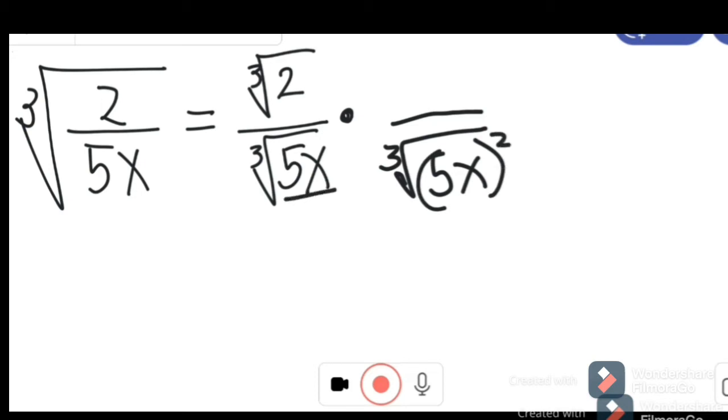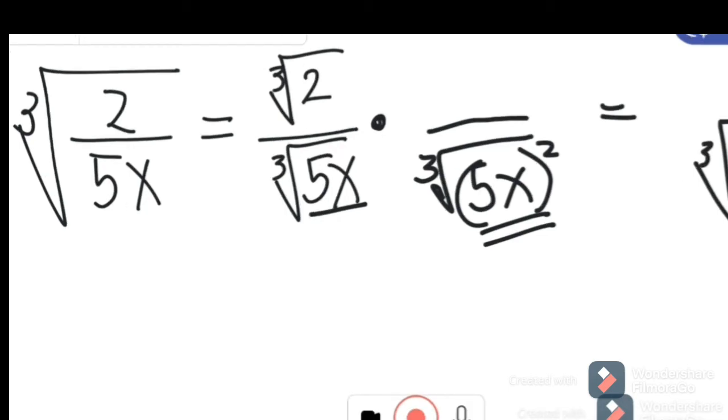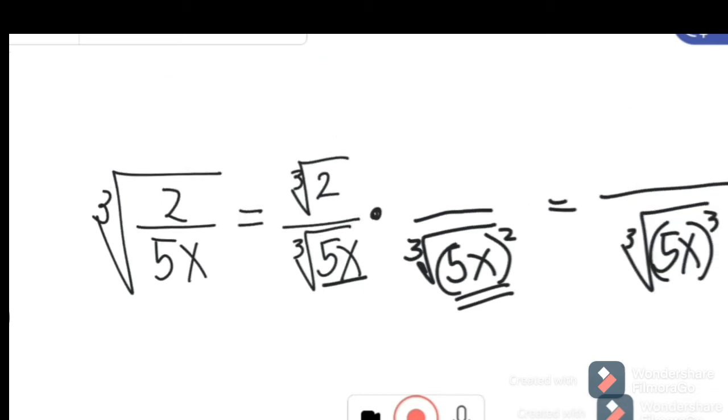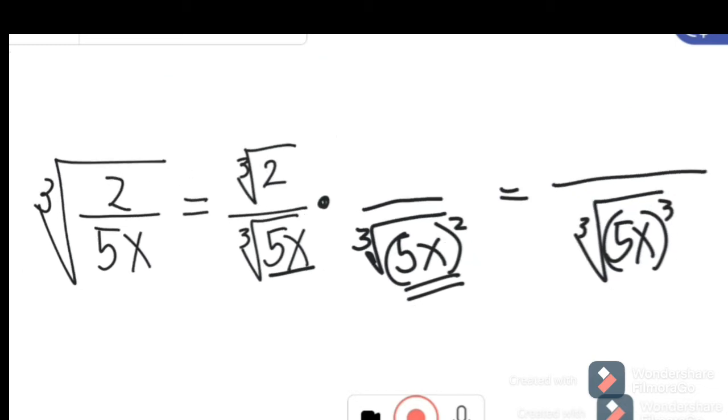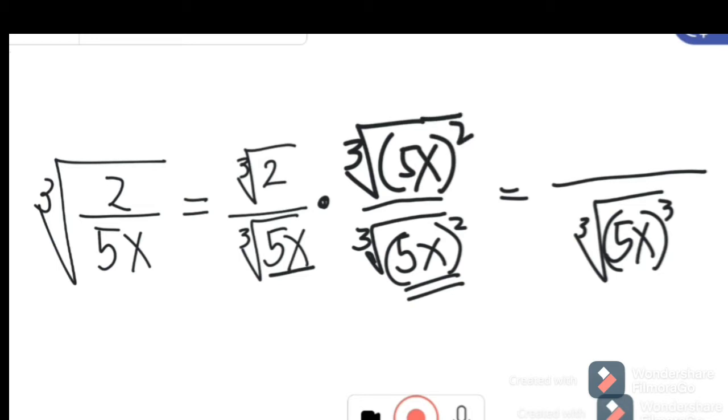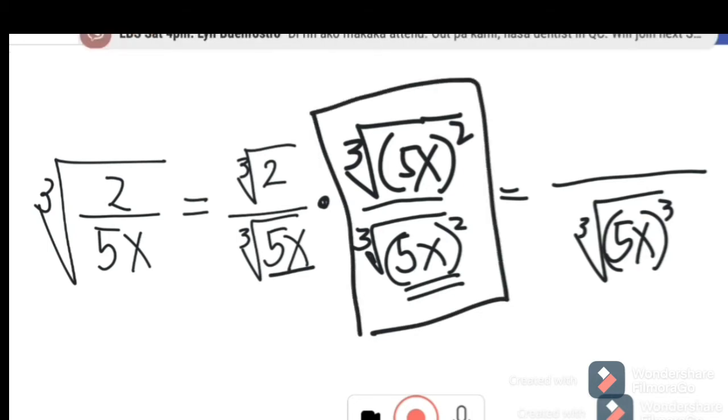So 5x and 5x squared is equal to 5x cubed. See? And there in the numerator, we have the same, the cube root of 5x squared. Again, remember, this should be exactly the same.